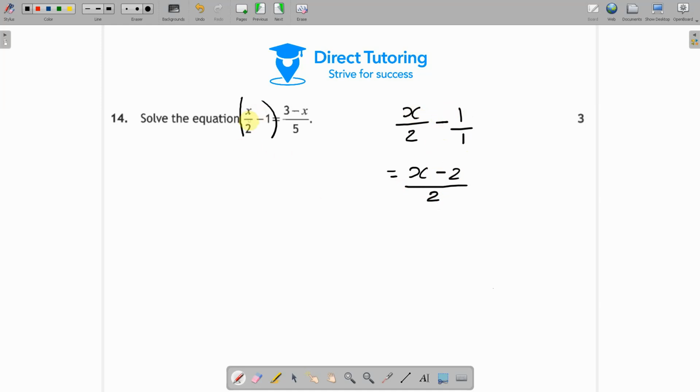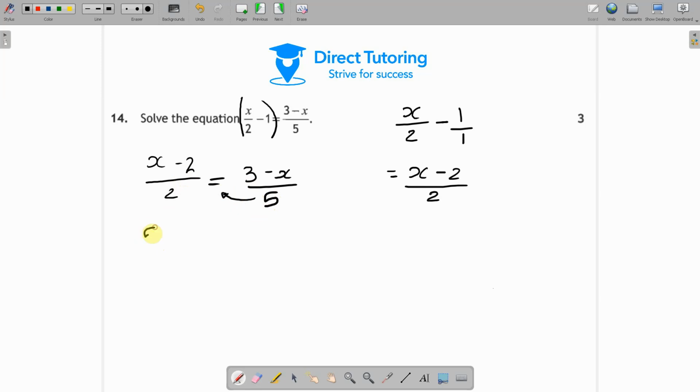Now I can replace this with this, and then it is a straight and simple cross multiplying. So x minus 2 over 2 equals 3 minus x over 5. Now if I bring the 5 across, that will go over as times.